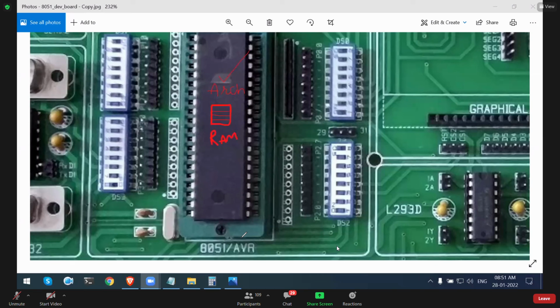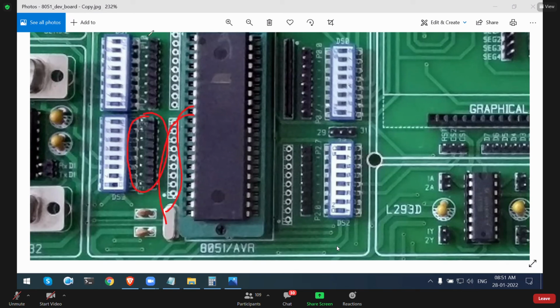Which pins are you talking about? What are the pins left for connection? Are these the pins you are talking about? Crystal pin? No, the crystal is connected. This crystal will be connected to pins 18 and 19. Whatever pins you see here are IO pins, not crystal pins.